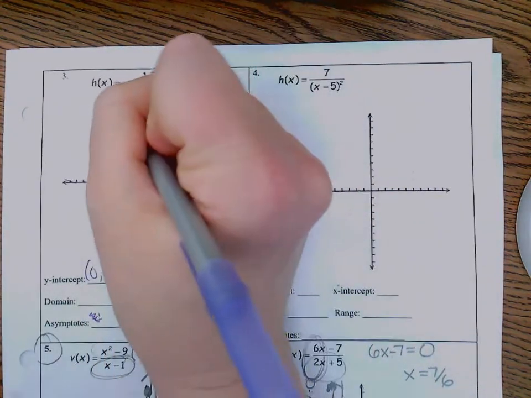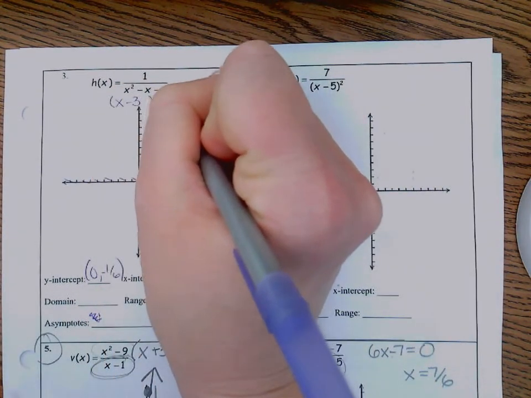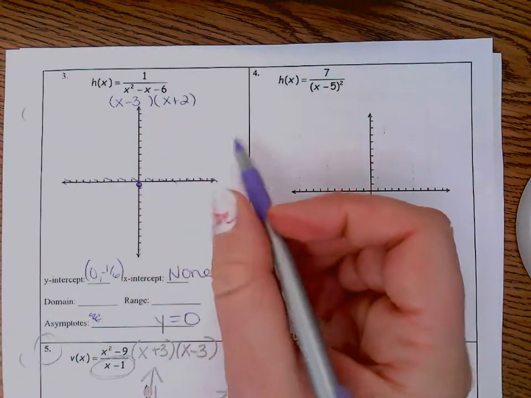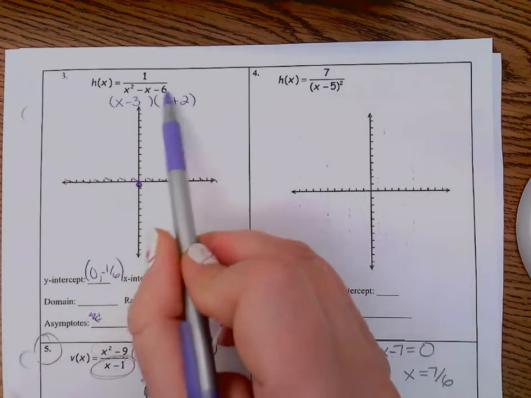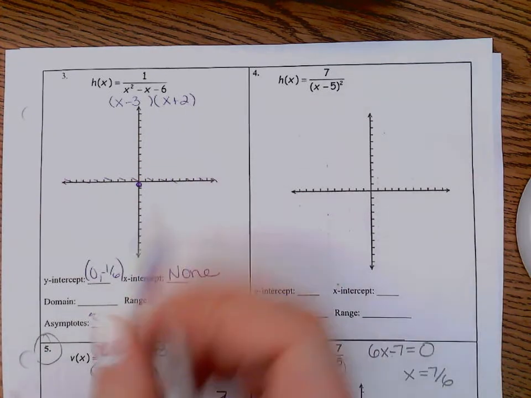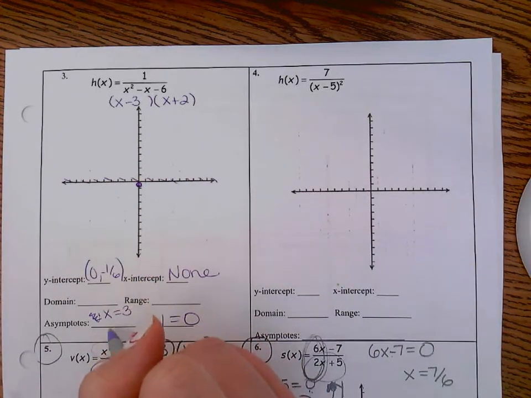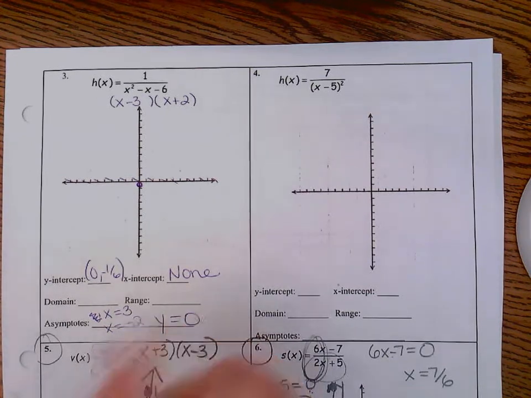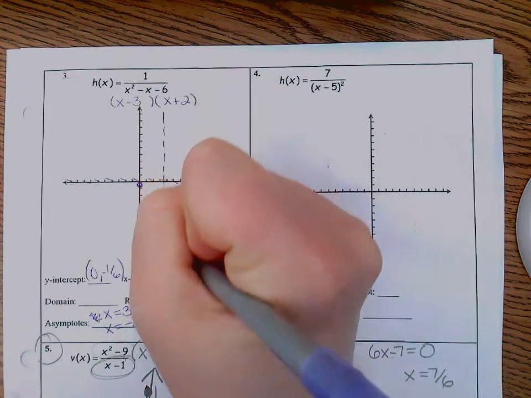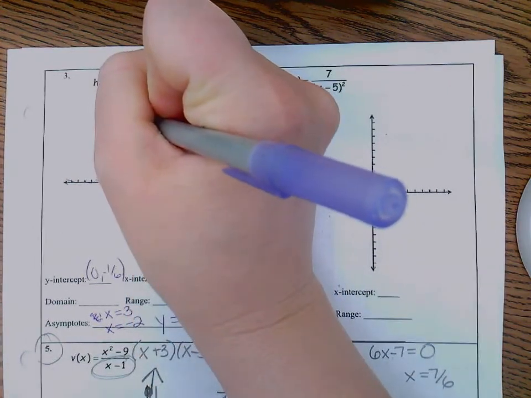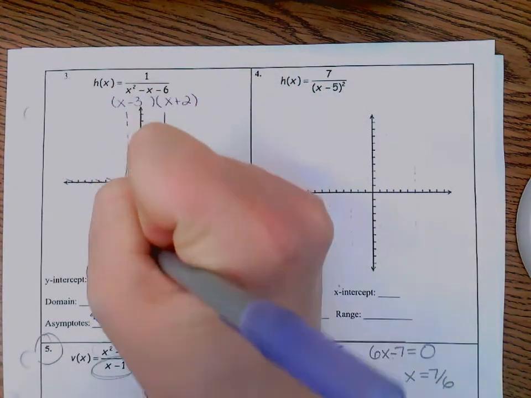That would be negative 3 and positive 2. So my vertical asymptotes are at positive 3 and at negative 2. So x equals positive 3, x equals negative 2. So I have two vertical asymptotes at 3 and at negative 2.